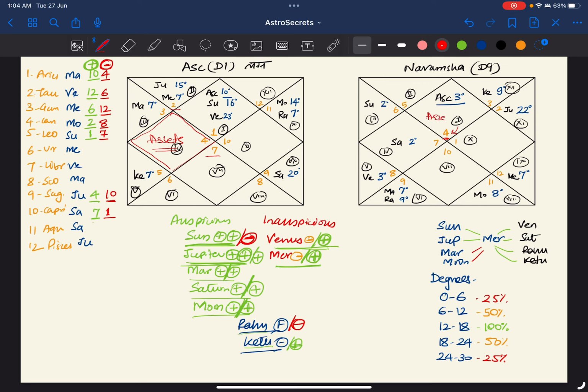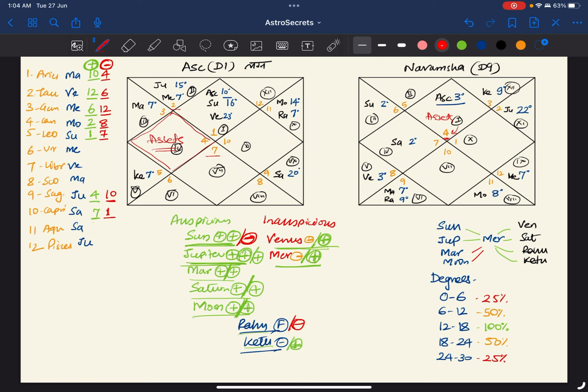If, let's say, 2 was mentioned instead of 4, then the person will be inclined towards making money. If it is 3, then the person is inclined towards making progress, taking initiatives and so on.